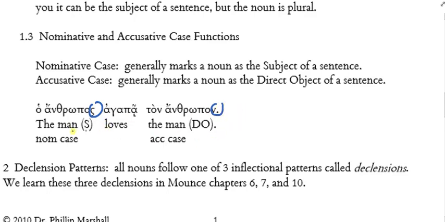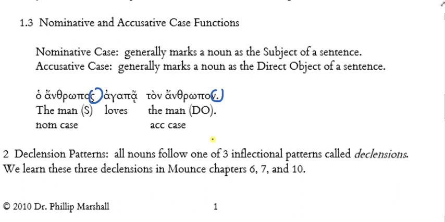And this means the man as a subject loves the man as a direct object. The nominative case form ends with sigma. The accusative case form ends with the nu here. The article is the word the. Notice that there are some different forms of the article based on case as well. And we will spend a little time talking about the article a little bit later here today.